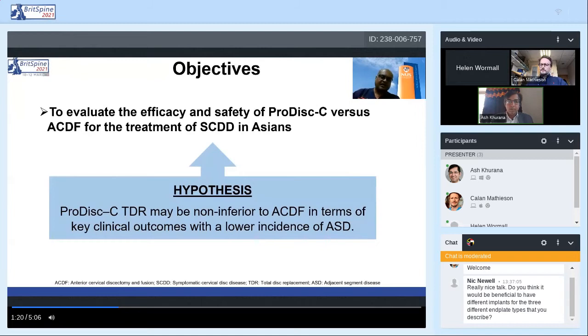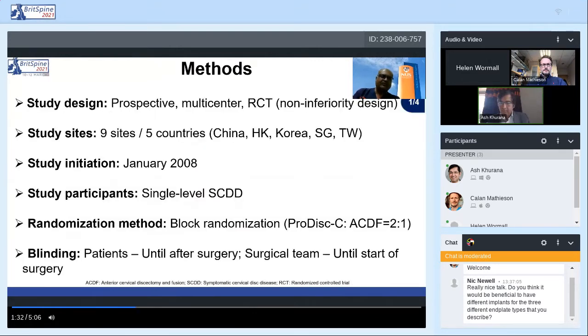The study design was a prospective randomized controlled trial where we wanted to show non-inferiority of ProDisc TDR compared to ACDF. It involved 9 sites, 5 countries. The study was initiated in January 2008.